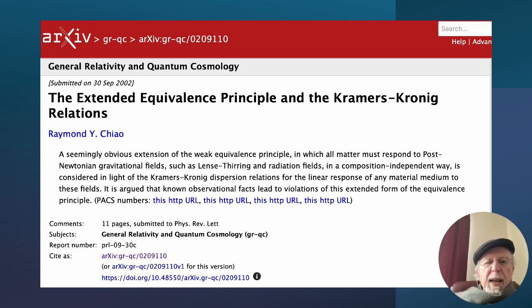In any case, Ray showed in 2002 that the coupling constant between, say, electromagnetism and gravity in Einstein's theory of general relativity, that coupling constant is not a fixed universal constant as people think.